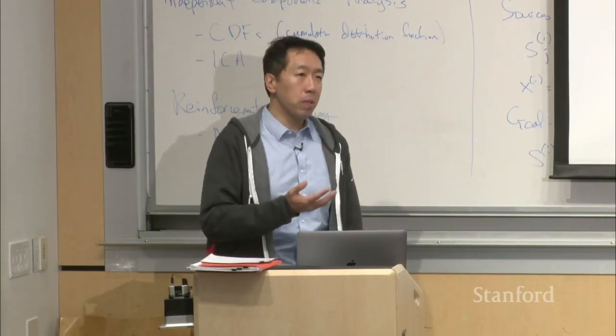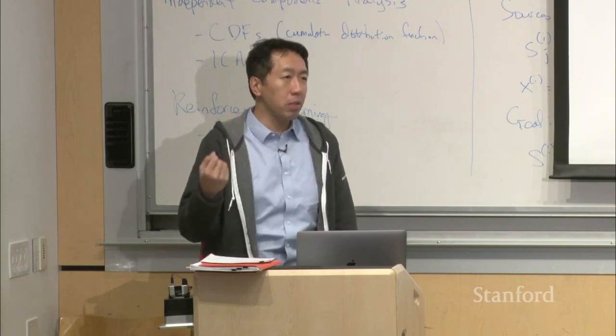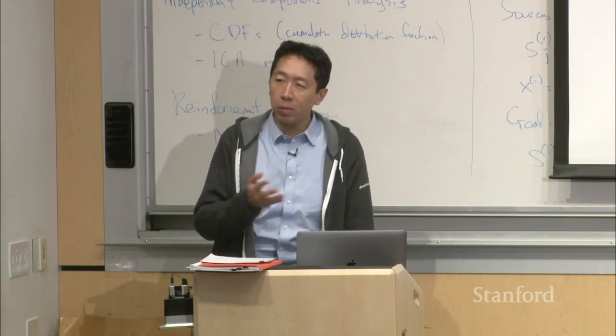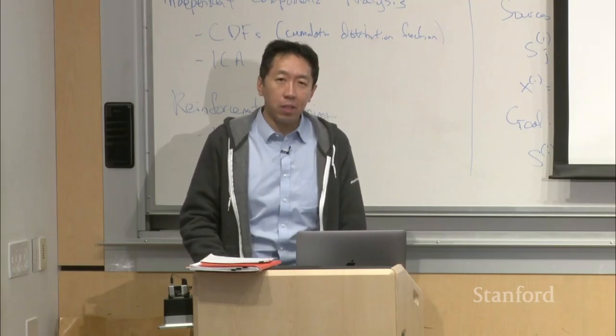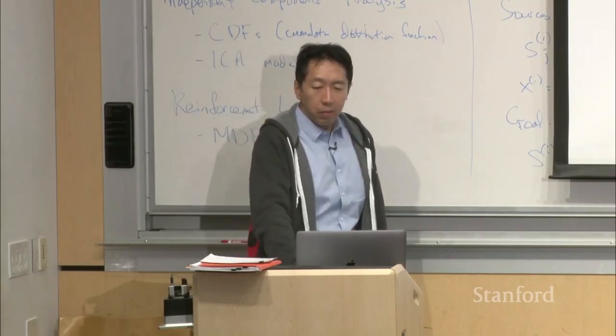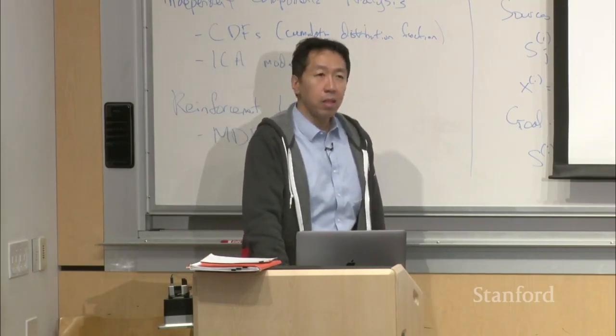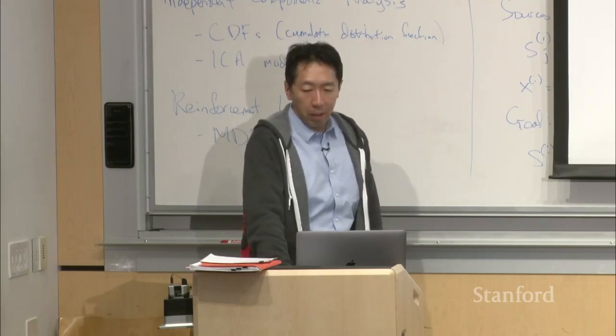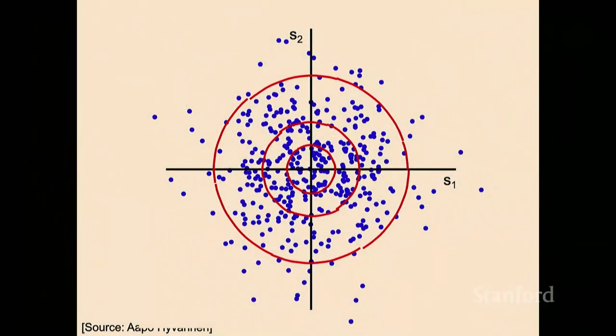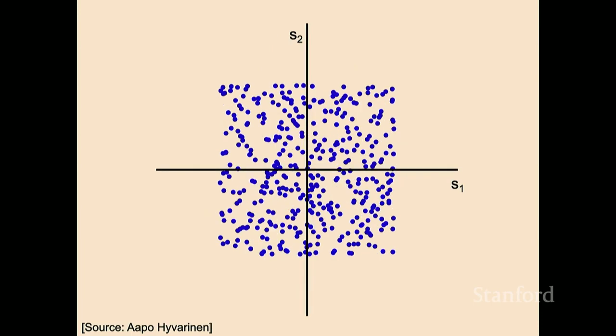It turns out human voices, the recordings per moment in time are not distributed uniform between -1 and +1. And it turns out that if the data was Gaussian, then ICA is actually not possible. Here's what I mean. Let's say that, so the uniform distribution is a highly non-Gaussian distribution, right?